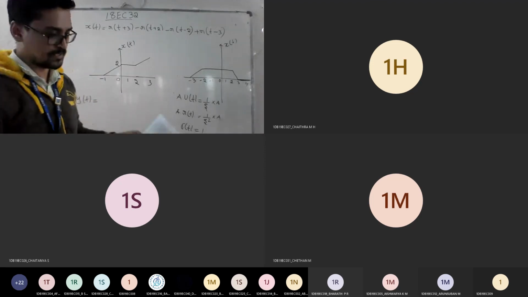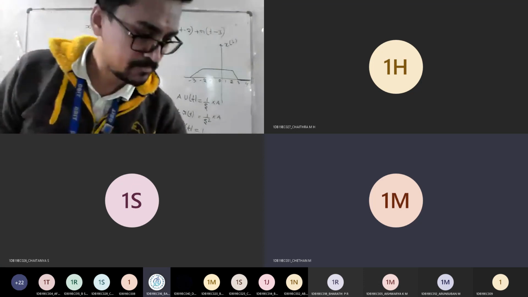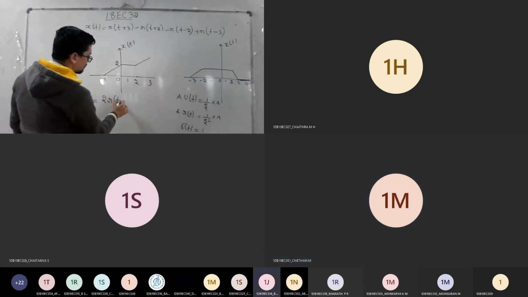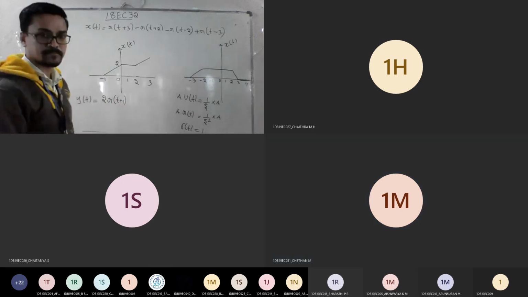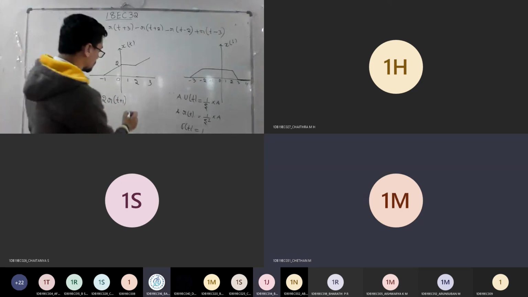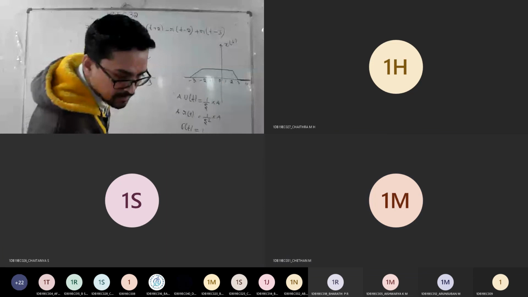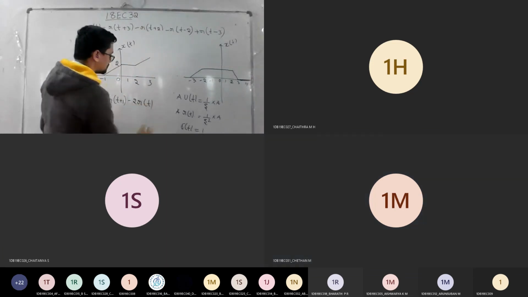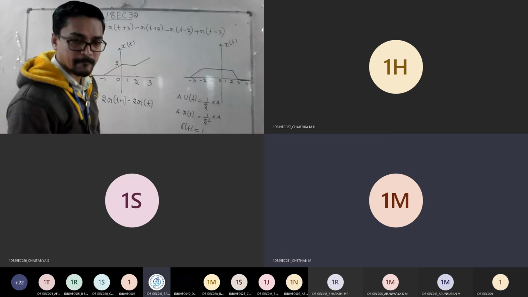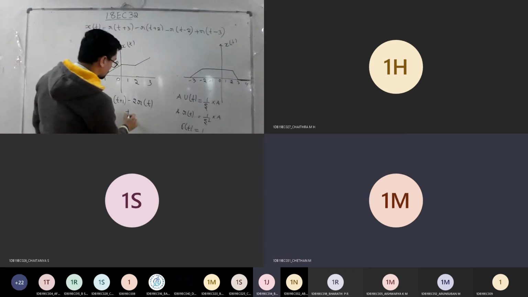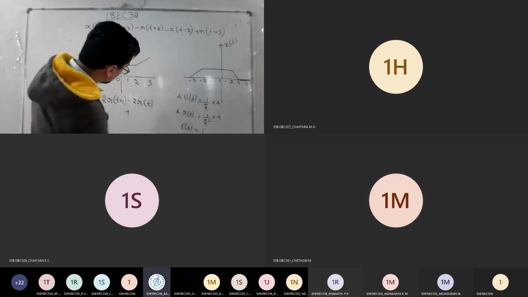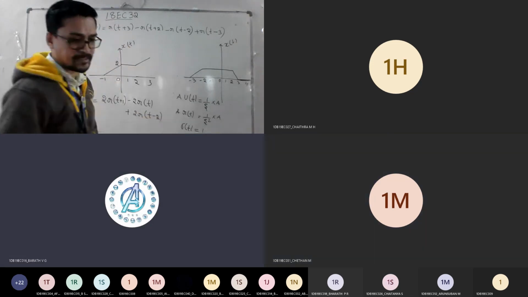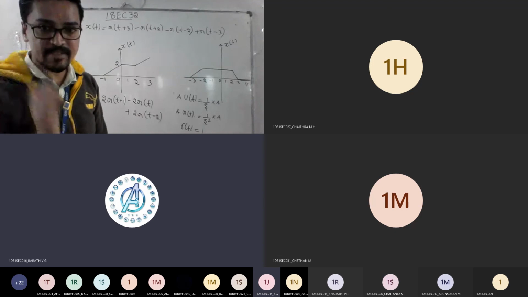What are the three functions? 2r of t plus 2, plus 2r of t plus 1, minus 2 u of minus t, minus 2r of t, minus 2r of t minus 2. Correct? Yes, sir. So you got the same answer.